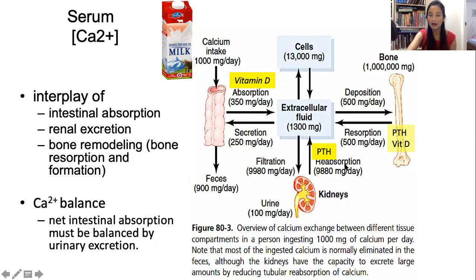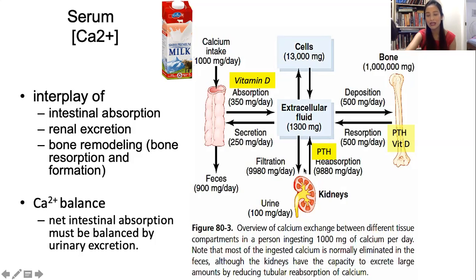And then the kidneys, on the other hand, through filtration of your blood, about 9,900 milligrams per day of calcium will be filtered in the kidneys, and 9,880 milligrams of that calcium that passes through the kidneys will be reabsorbed through the action of your parathyroid hormone.